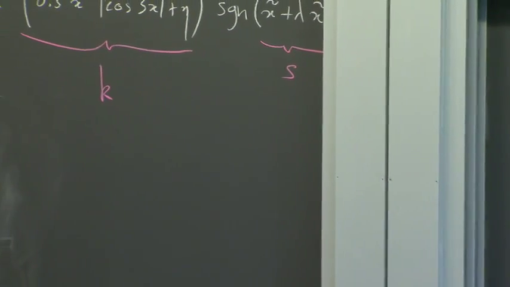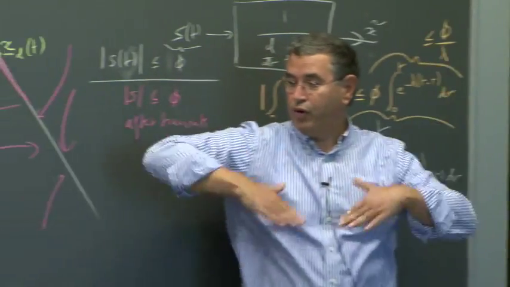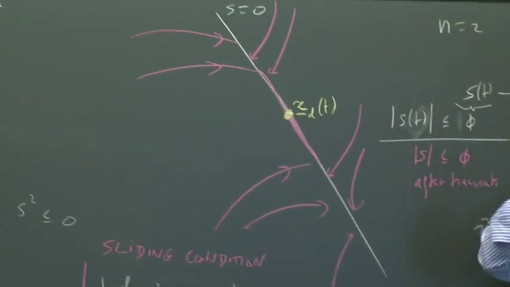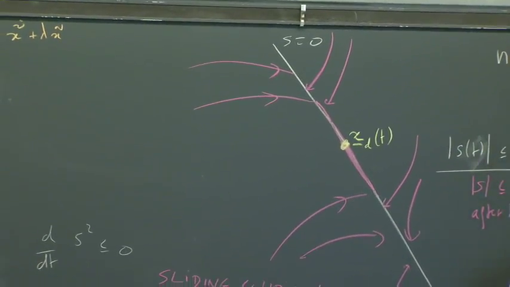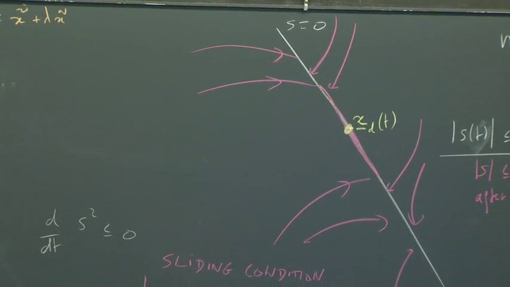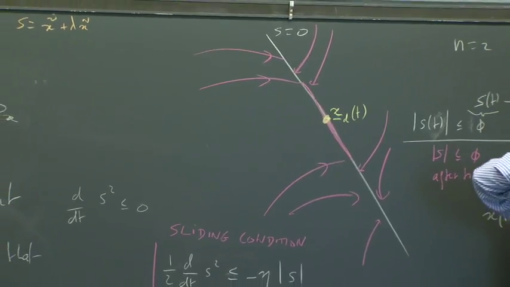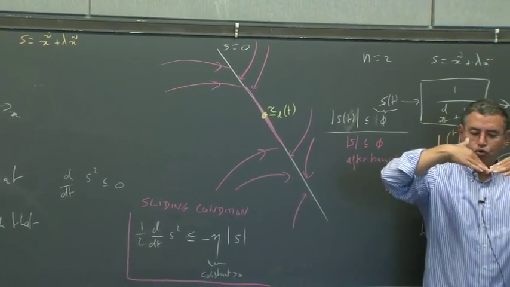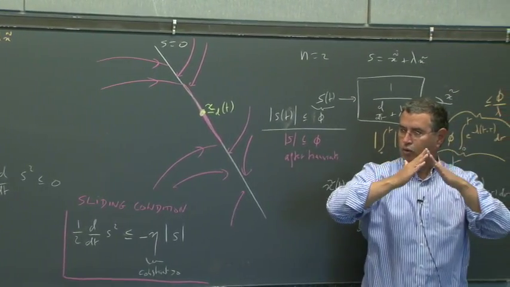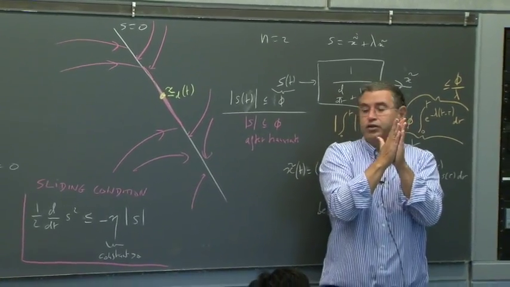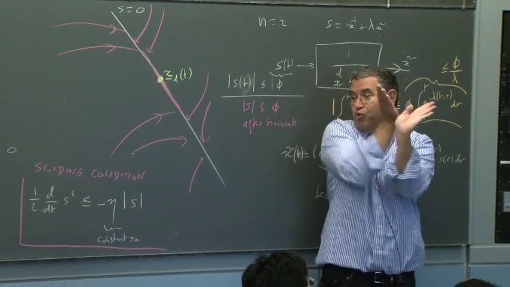If you think again of this diagram, you have this surface here and you have the arrows moving around. As long as the arrows move around and keep pointing toward the surface, your motion on the surface is not affected. It means, by the way, that they need to be able to move, so they can't start tangent to the surface, because if they move, then they would do this.